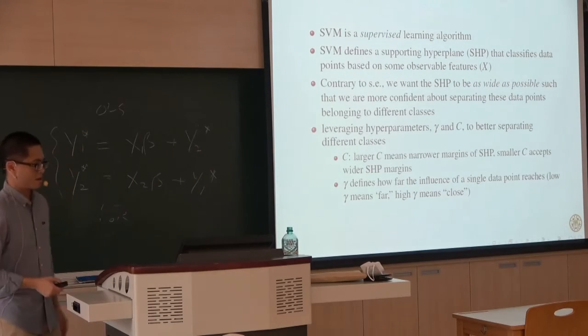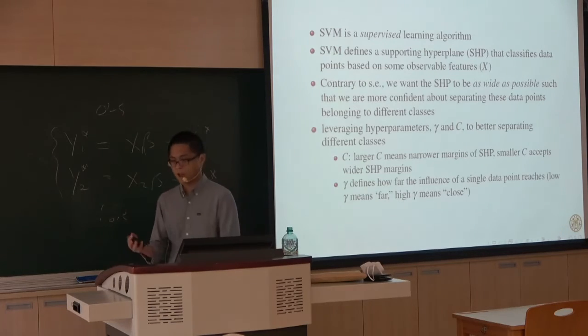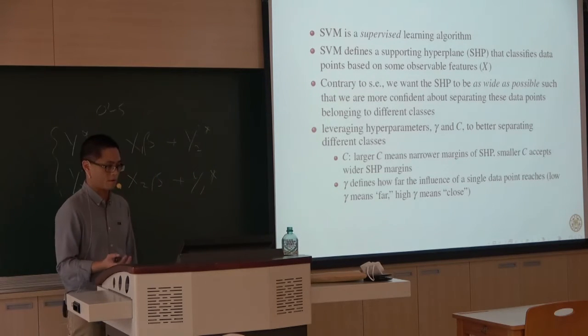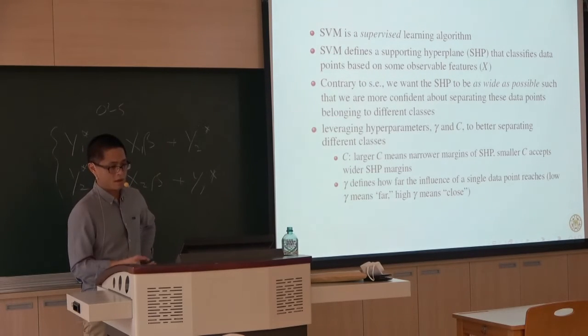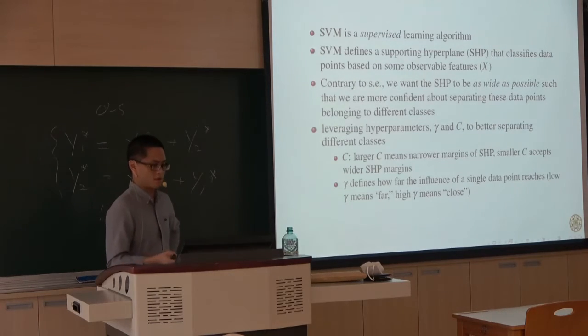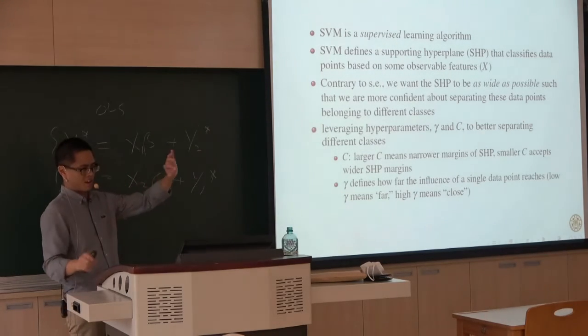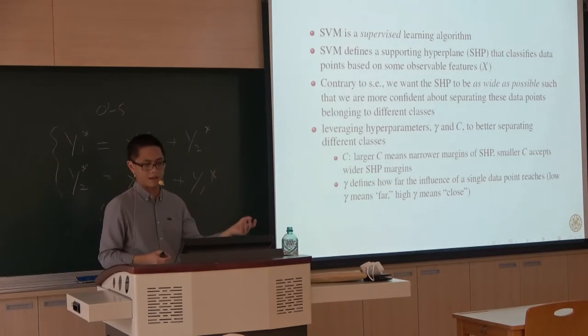Now the support vector machine, a supervised learning algorithm, really has a clearly defined label, right? So we first define the supporting hyperplane that classifies data points based on some observed features, so that you sort each data point into a different class.